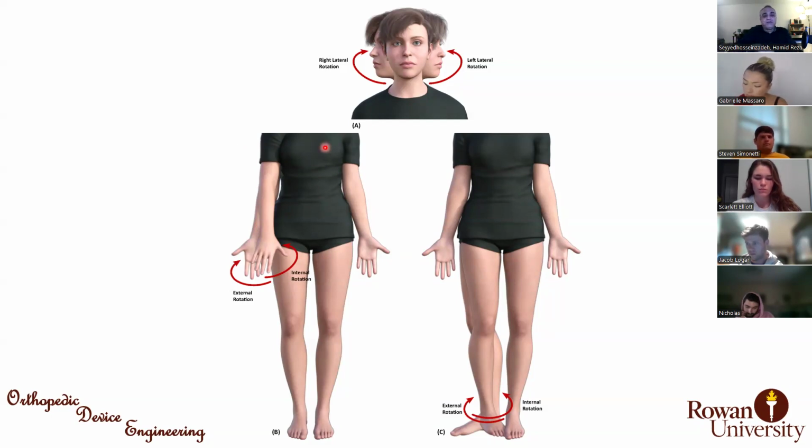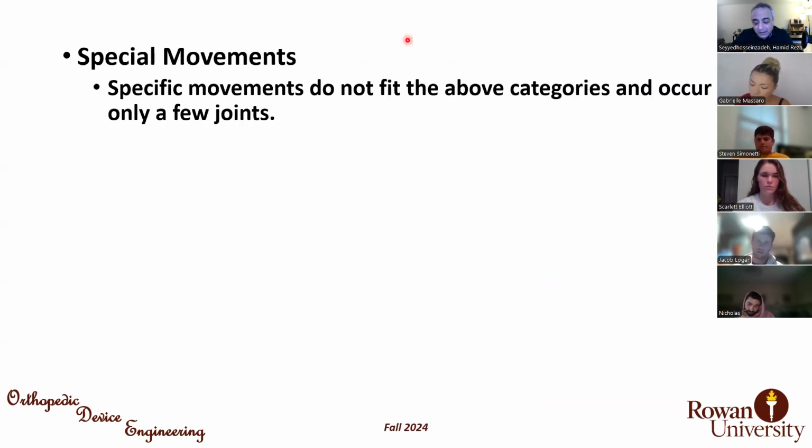This is external and internal rotation. In the head, since we don't have internal and external, we call it right lateral and left lateral, but it is the same motion.